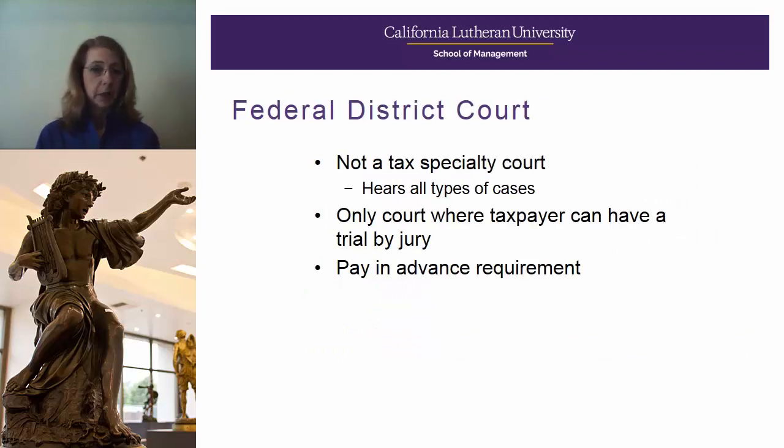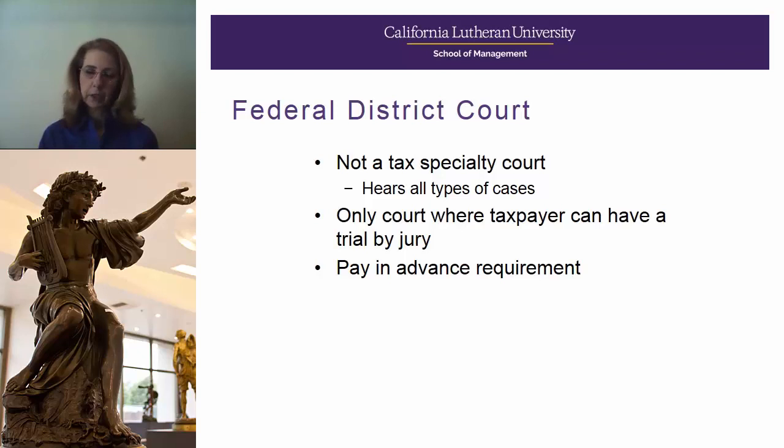Now, the taxpayer could choose to go to federal district court. Again, you must pay your alleged deficiency in advance to go to district court and then hope that you get that money back. This is not a specialty tax court. It hears all types of cases, but this is the only court where a taxpayer can have a trial by jury.